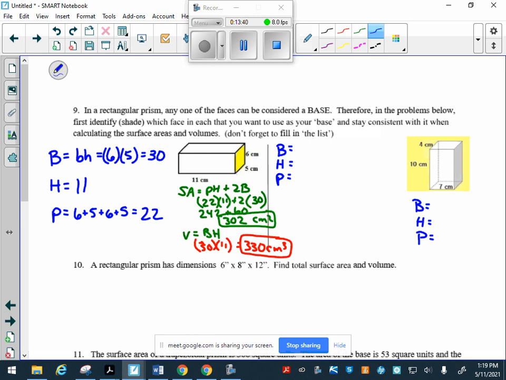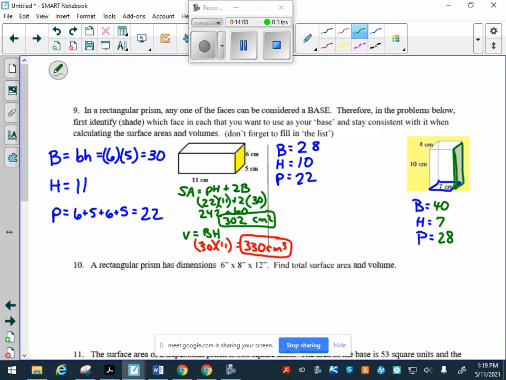So if we did this as the base, that's 7 by 4. That's 28 for your B. Height would be 10. Perimeter would be, what did I say? 22. Now, if we did this as the base, that's 10 by 4, so that's 40. Height is 7, and perimeter would be 28.